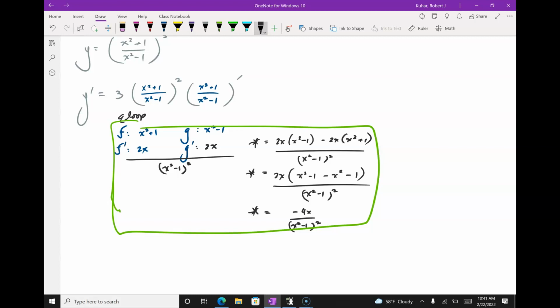Now I'm ready to go back to my original derivative. Y prime is 3 times x squared plus 1 over x squared minus 1, all to the second power, times a negative 4x times an x squared minus 1 to the second power.